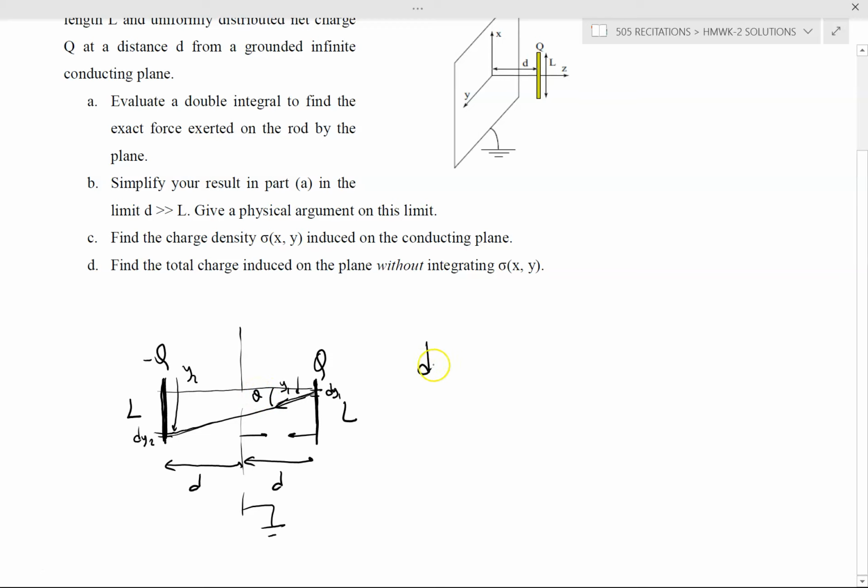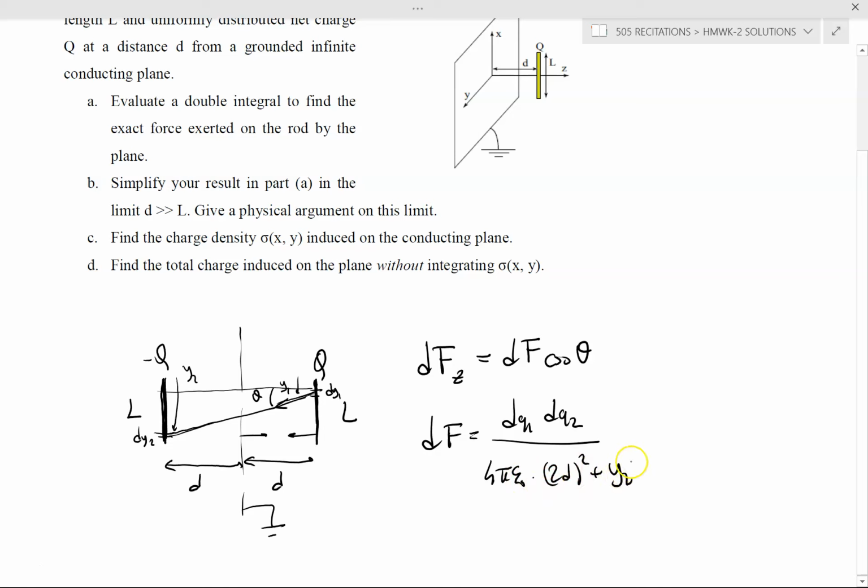So dFz, let me call this z, is equal to dF cosine theta, where dF is nothing but dq1 dq2 divided by 4 pi e0 multiplied by 2d squared plus (y2 minus y1) squared.